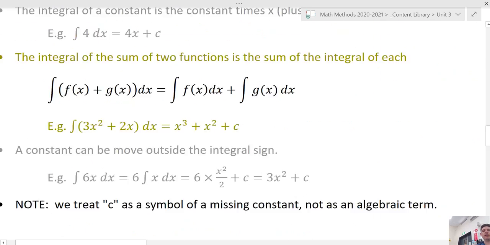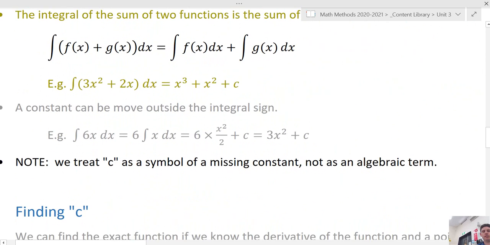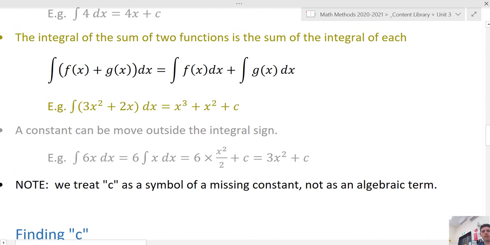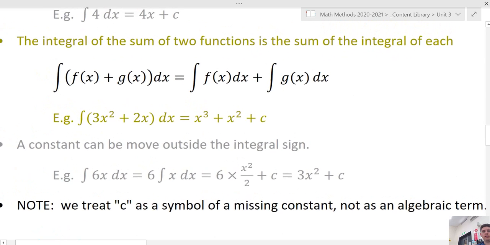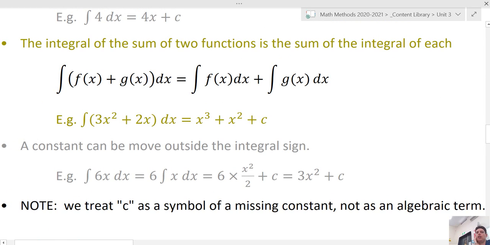So let's talk about the little tips and tricks. If you have the integral of the sum of two functions, so that was literally the example I just did, example 2. It had 9x to the negative 4 as one function plus 4x as the second function. So you do the integral of the first function plus the integral of the second. Does that make sense?